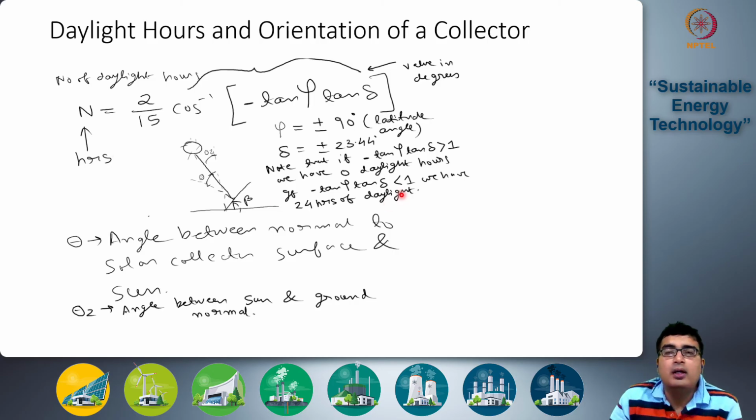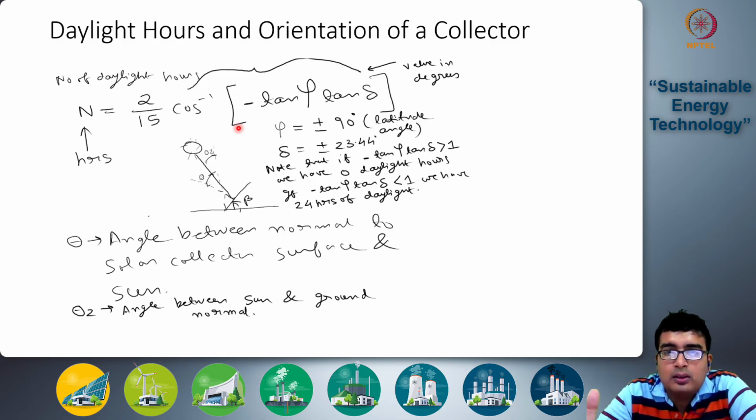Note that cos inverse is only defined for values between plus 1 and minus 1. The cos of an angle varies from plus 1 to minus 1.